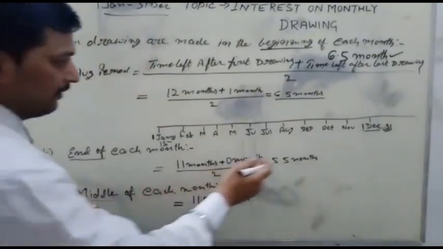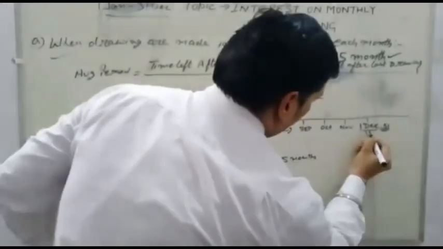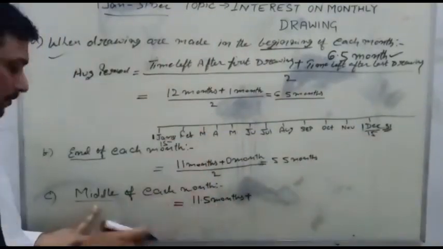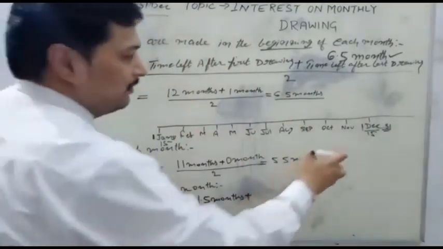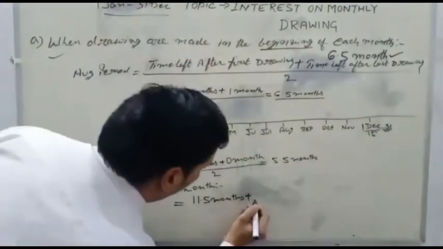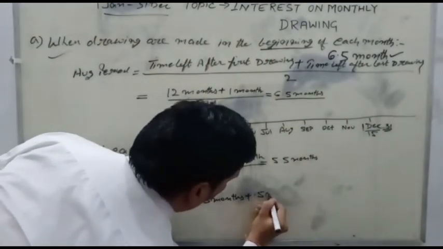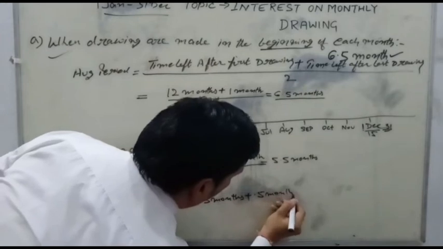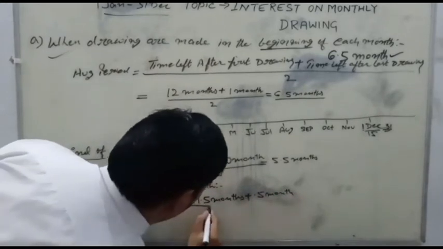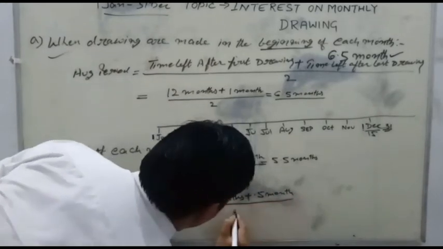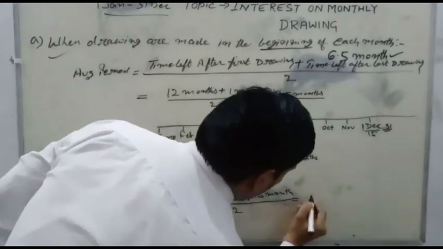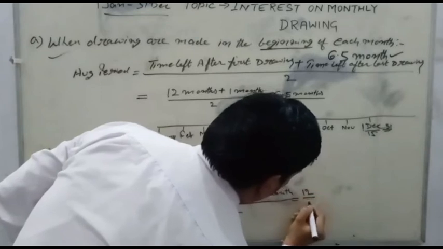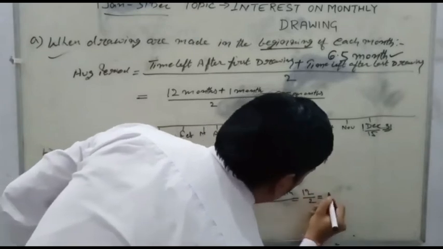The last drawing is on 15 December, so the time left is 15 days or half a month, so we write 0.5 month, divided by 2. 11.5 plus 0.5 is 12, divided by 2, is equal to 6 months.